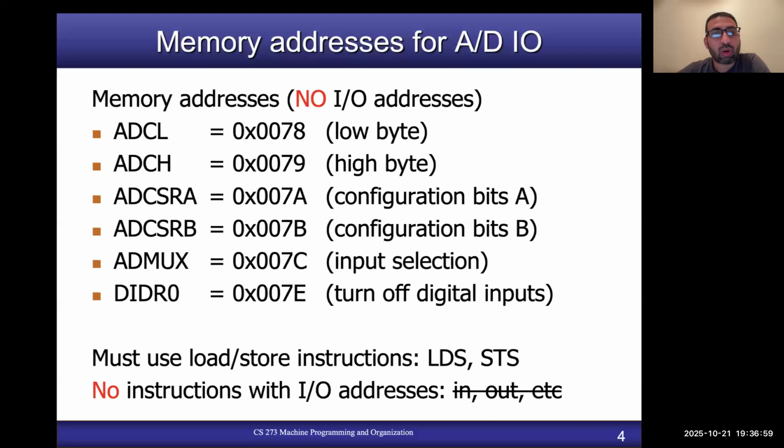Similarly, if you want to read a value from the ADCL register, you cannot use the in instruction. Why? Because their addresses are not located in the IO address space. So if you want to access them, like read or write them, you need to use LDS and STS instructions, right? Load from static memory and store to static memory.